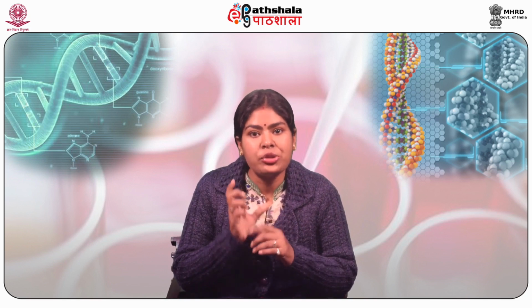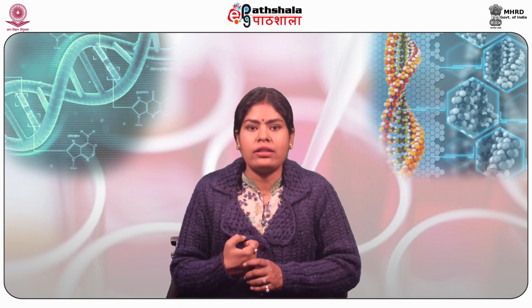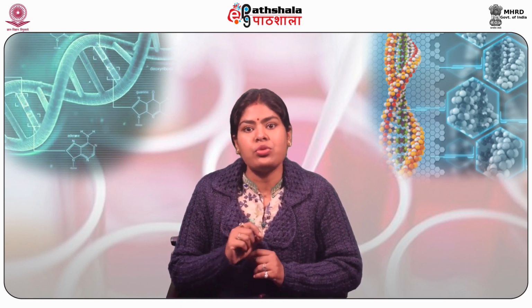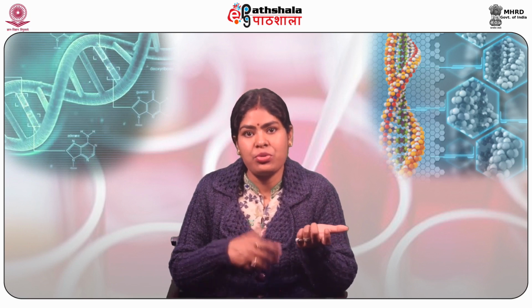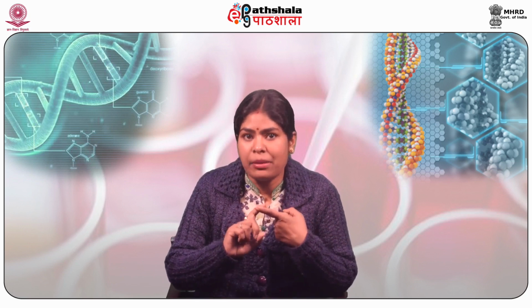Operator or the controlling site is controlled by a protein called the TRP repressor, which is capable to switch off the operon. When the levels of tryptophan diminish, a TRP repressor protein encoded by a separate operon is produced, which forms a dimer.